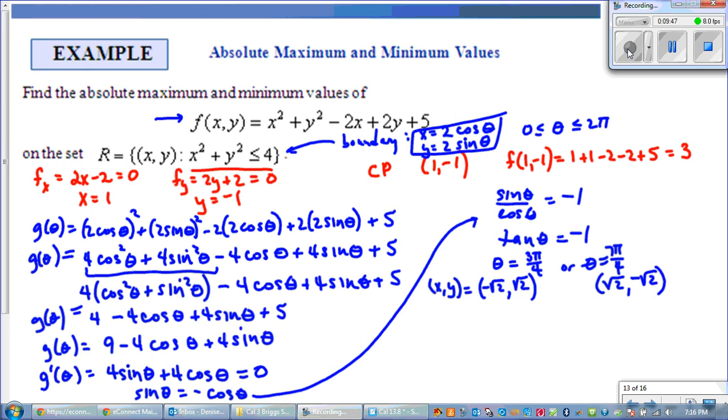Now we don't really need to worry about the derivative test. These are the critical points, so these are where they will occur if there is a maximum or minimum. So now let's just check our z values of the function at these points.